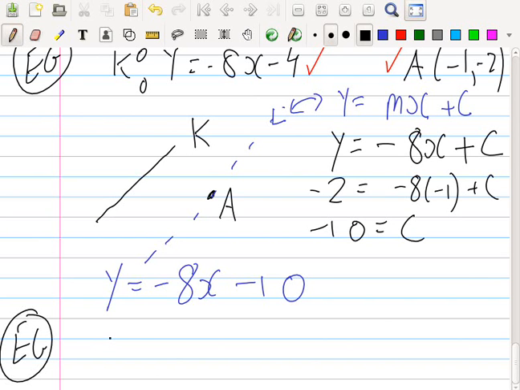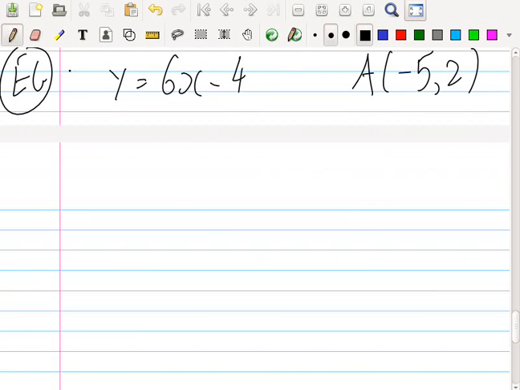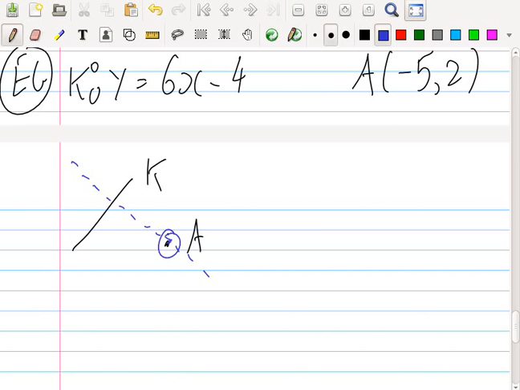Okay, let's see. Y equals 6x minus 4, and then it's the point minus 5 and 2. And in this one here, we'll call this one K, and this one here is A. I give you K and A, and now I say, find the line that's perpendicular to K but passes through A. This is a bit like question 2.